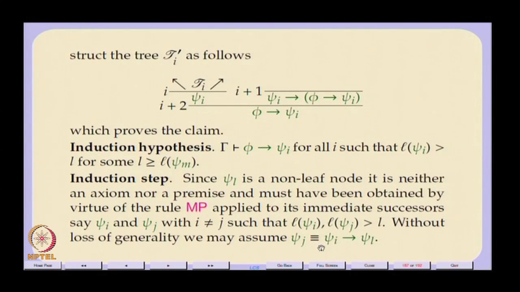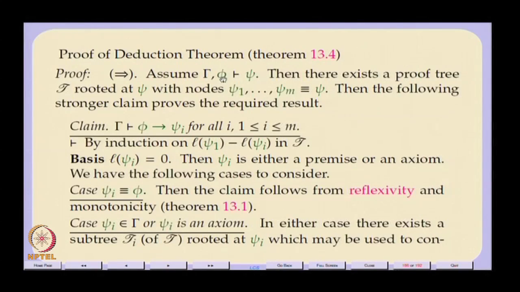Okay. So, now, what we have to prove is, in the tree, gamma comma phi proves psi L, right. We started with the assumption that gamma comma phi proves psi, and we have gamma comma phi proves psi i, for each i they are subtrees of this tree, right.